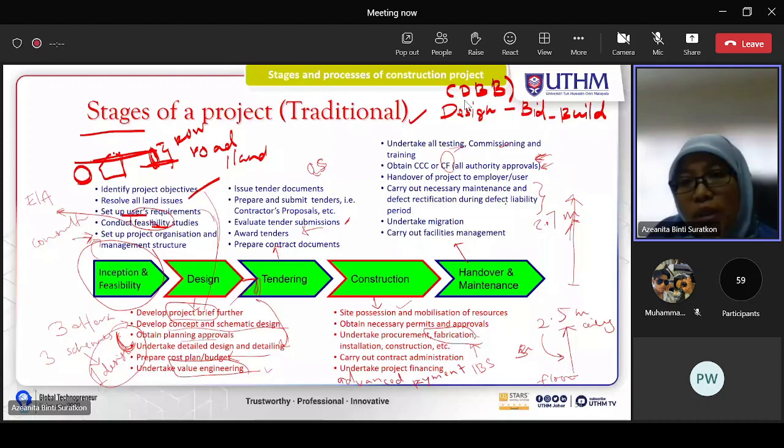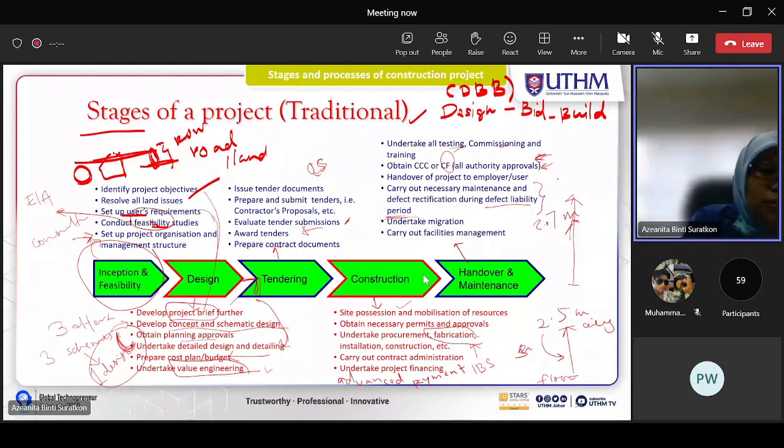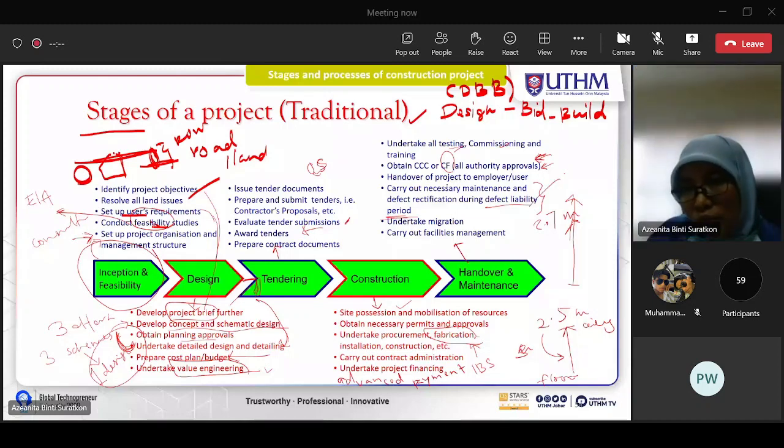Okay, so defect liability period. So this is normally maybe 1 year or 1 year to 2 years. 1 to 2 years means once we hand over the project to the clients, they occupy the building, they use the building.